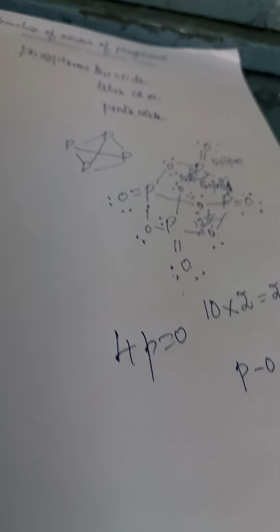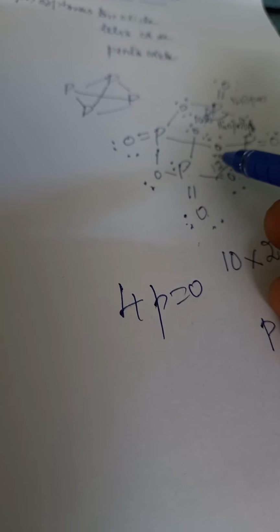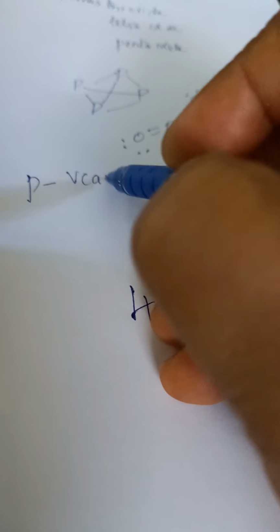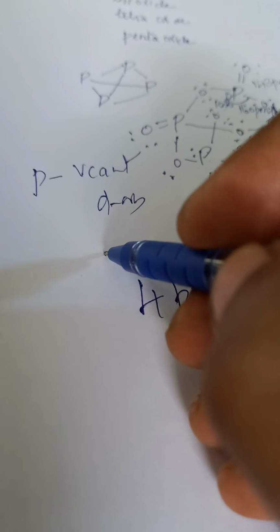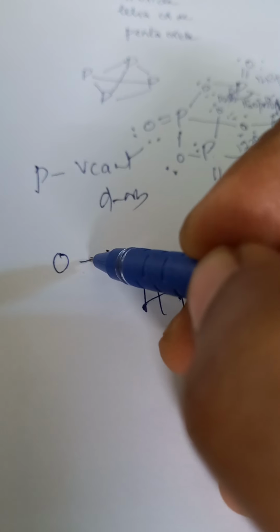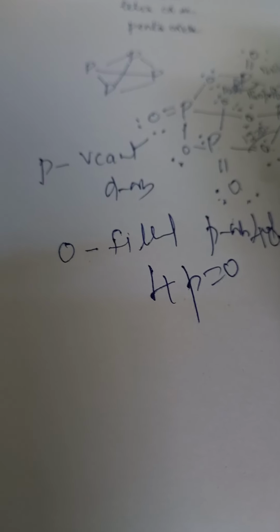Here, phosphorus atomic number 15, so phosphorus has a vacant d orbital which overlaps with the oxygen's filled p orbital and forms a bond called d pi p pi bond.